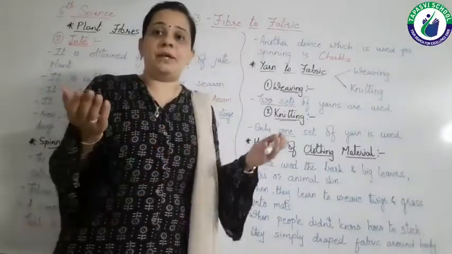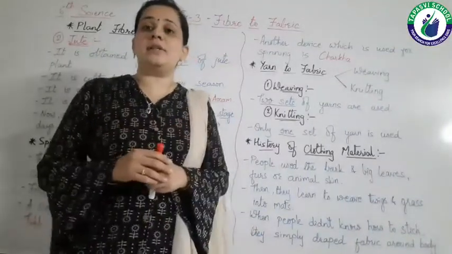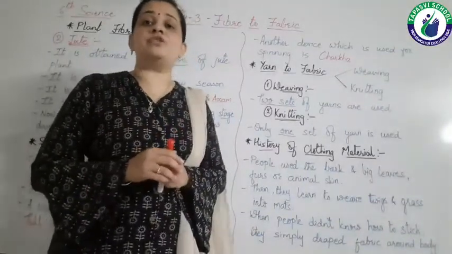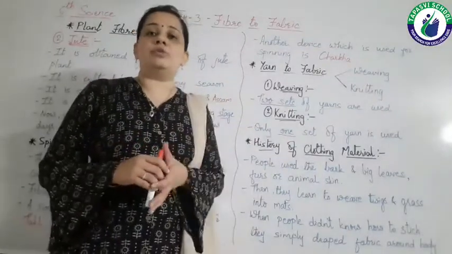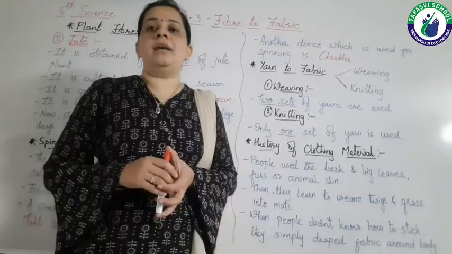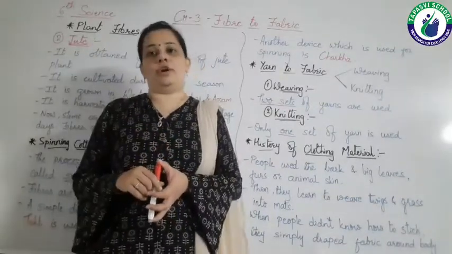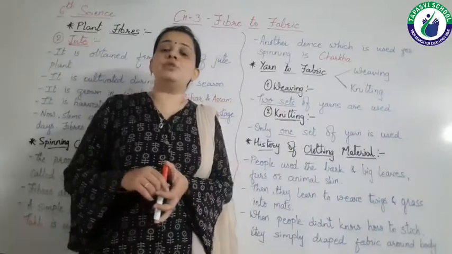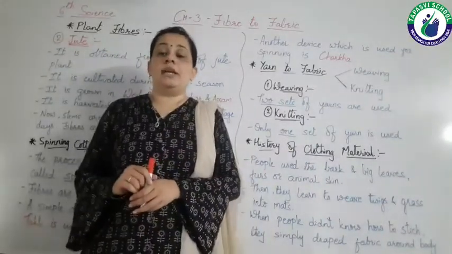For example, dhoti, sari. These are examples of fabrics which we just have to drape, or cover our body by wrapping it around our body, right? So they were using this type of fabric to cover their body.